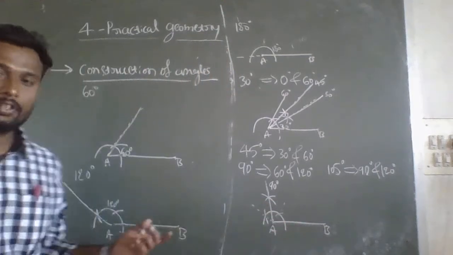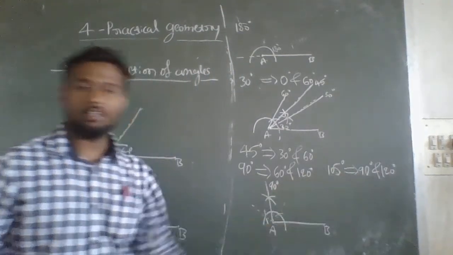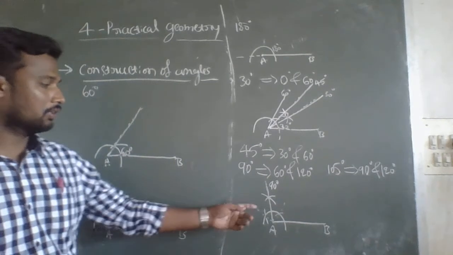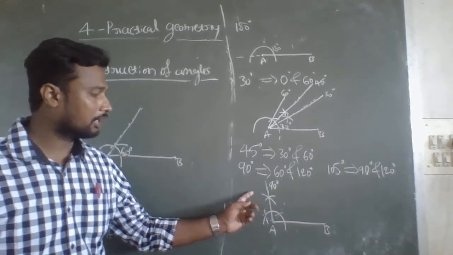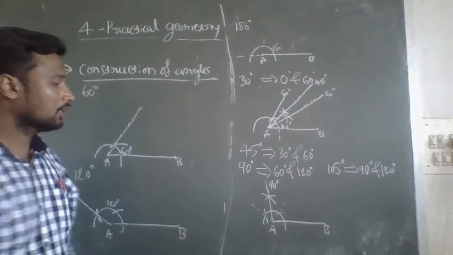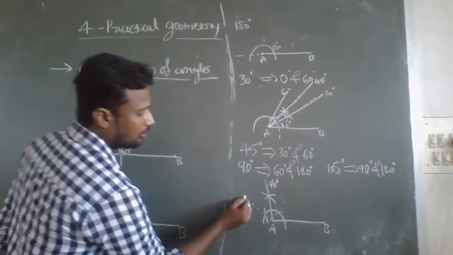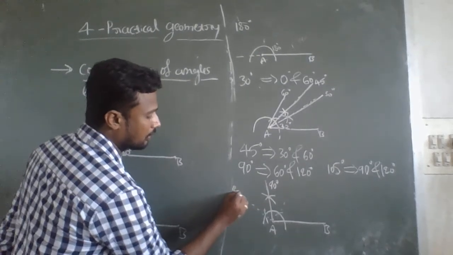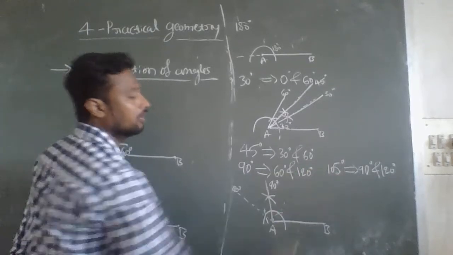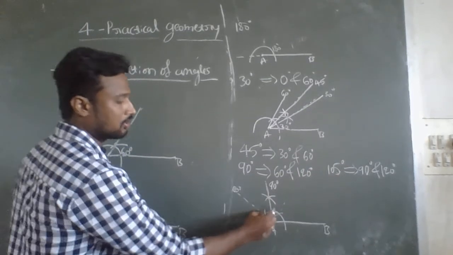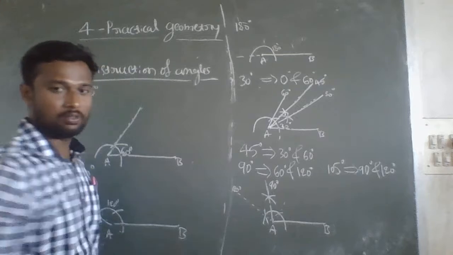Therefore 105 is between 90 and 120 degree. So I will construct 105 degree. Here we have 90 degree and this is 120 degree and 105 is between this 90 degree and 120 degree.